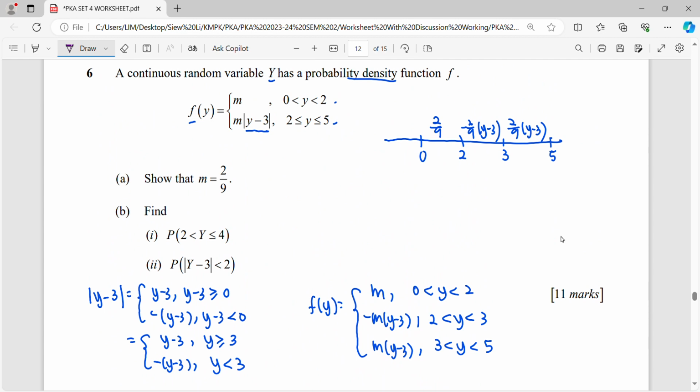So start from here, 2 until 4. 4 is here. So your region will be 2 to 3 and then 3 to 4. Different function. Alright, so you cannot integrate from 2 up to 4 directly. 2 to 3, negative function. 3 to 4, positive function. So you follow through.